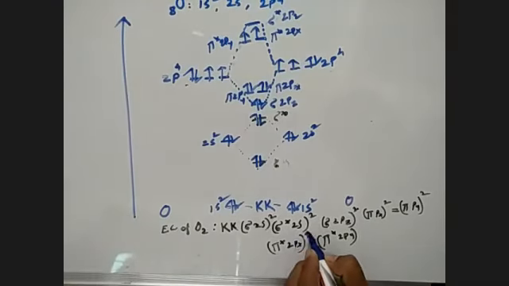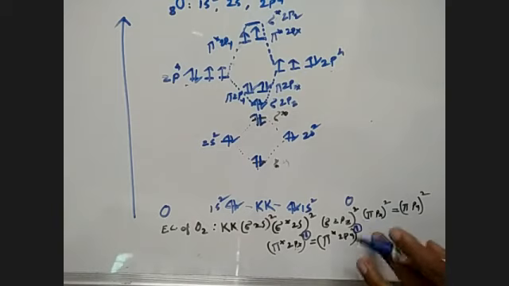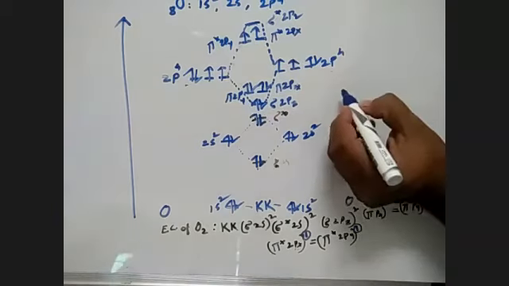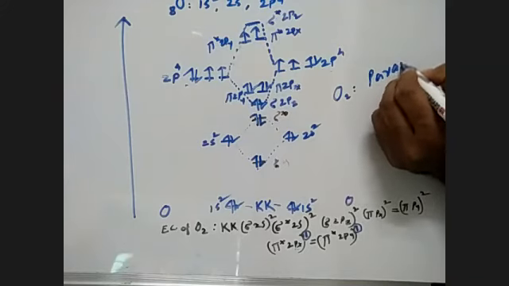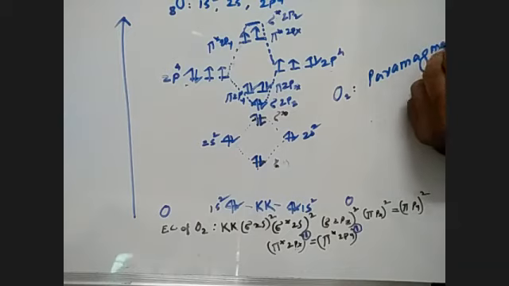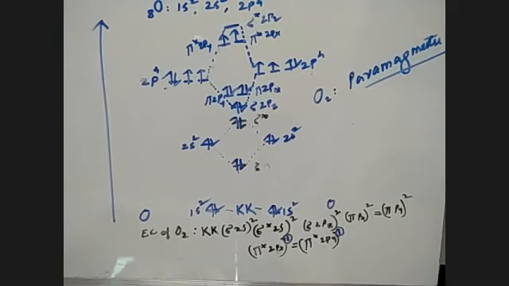See, 1 electron and 1 electron. How many single electrons are there? Yes, there are 2 single electrons. So we can say the O2 molecule is paramagnetic in nature. Hope you understand this easily. It was a very easy point.